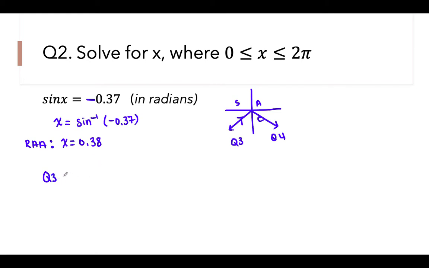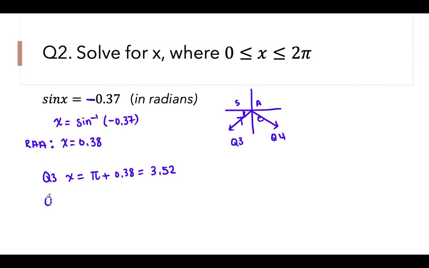To find the angle in quadrant 3, it's always pi plus, because it's 180 degrees, plus the related acute, which is 0.38. So approximately, remember pi is 3.14, so you'll be doing 3.14 plus 0.38, which is about 3.52.